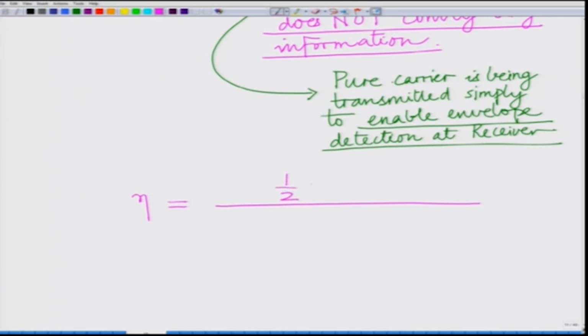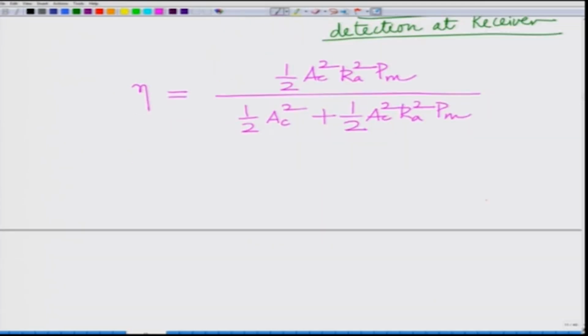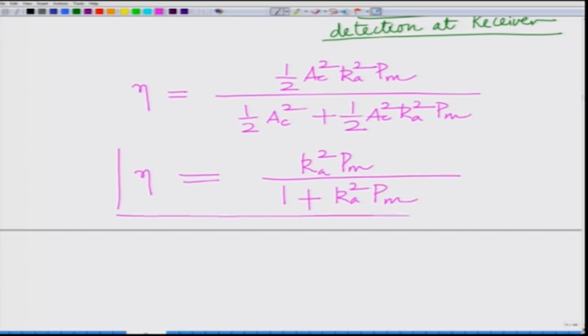message, that is half Ac square Ka square Pm, divided by half Ac square plus half Ac square Ka square Pm, which is basically, that is eta equals, well, you are cancelling Ac square, this is Ka square Pm, remember Ka is the sensitivity, Pm is the power in the message signal, divided by 1 plus Ka square Pm.